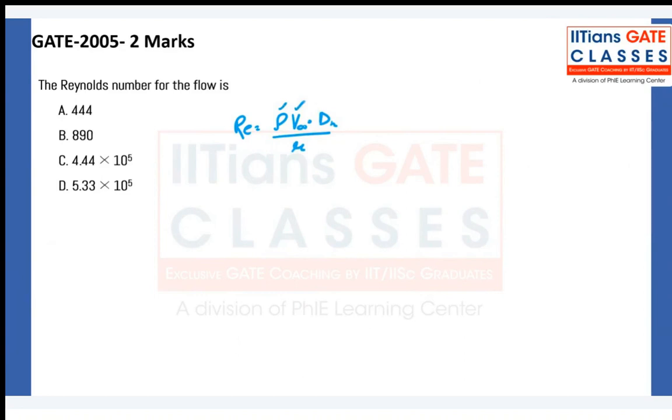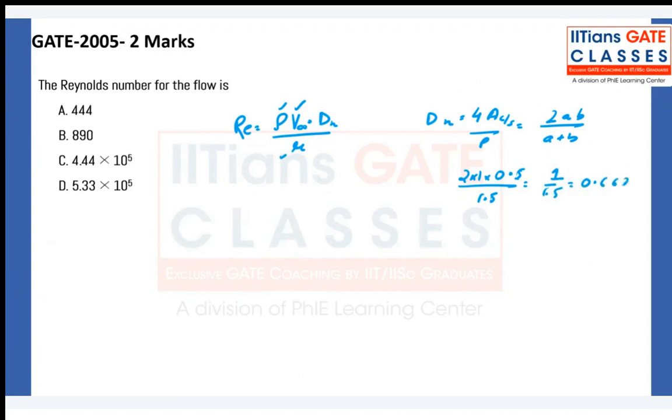I need to find out D_H. D_H will be equal to 4 times area of cross section upon perimeter, and I have already defined it for you: 2AB upon A plus B. So 2 into 1 into 0.5 upon 1.5. So it is 1 upon 1.5, which is 0.667 meter.